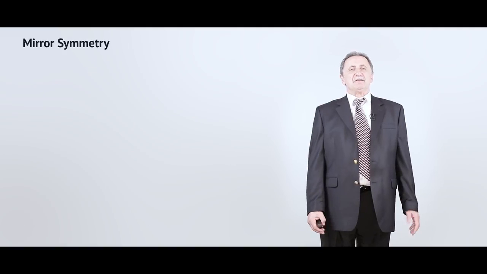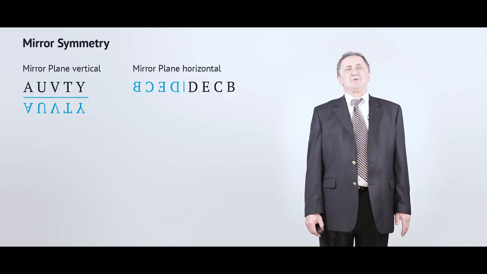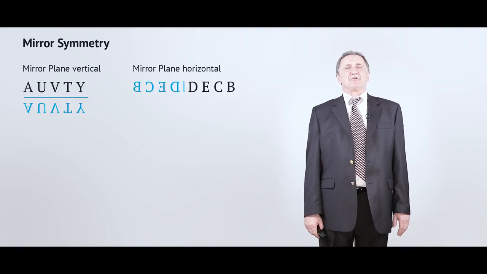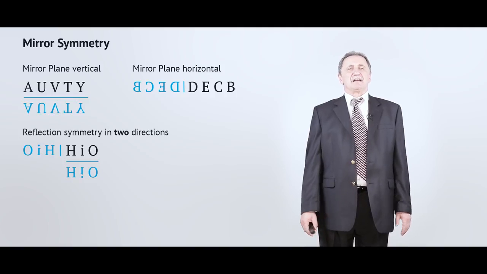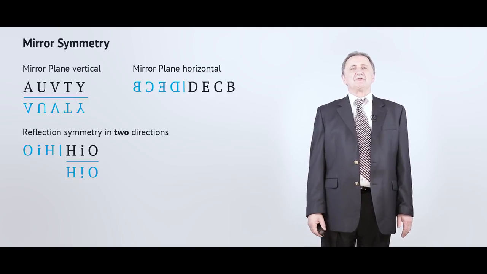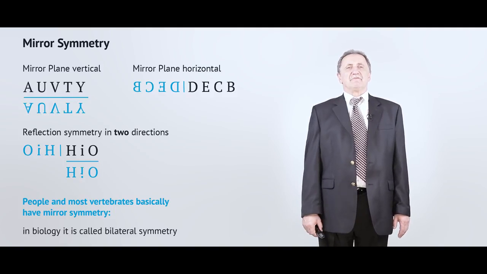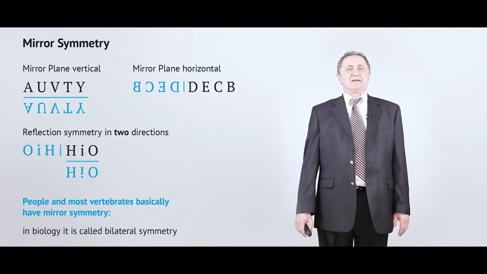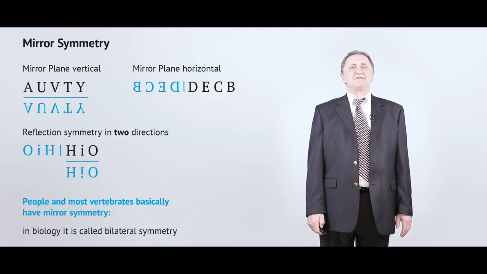So mirror symmetry. This screen demonstrates mirror symmetry, and you can see that many letters, for example, do have mirror symmetry. Moreover, put your attention that some letters have mirror symmetry in 2 directions, some only in 1 direction, horizontal or vertical mirror planes, doesn't matter. So that's what we are talking about when we talk about mirror symmetry.